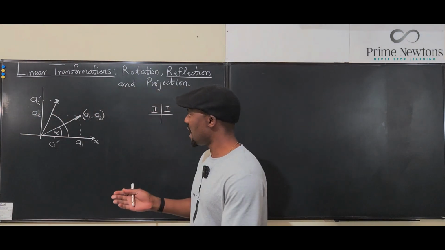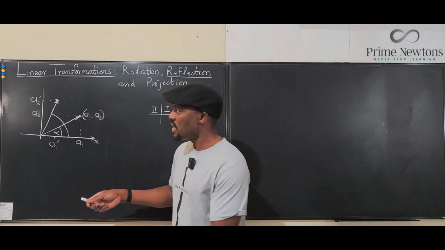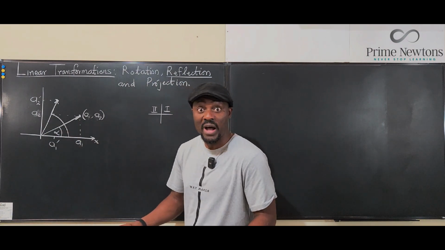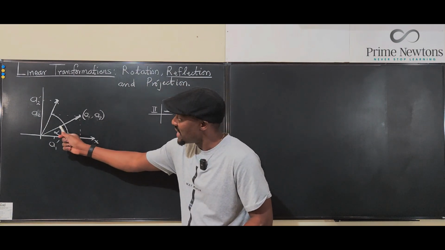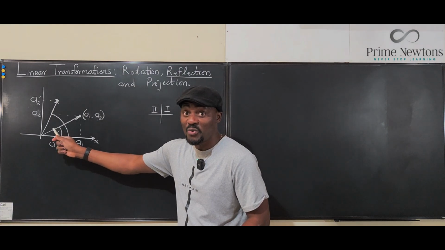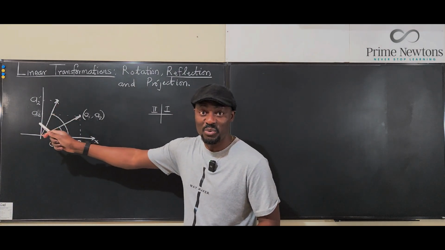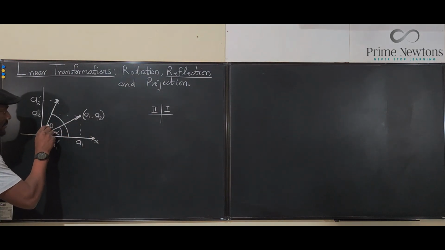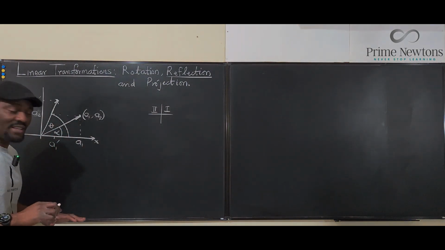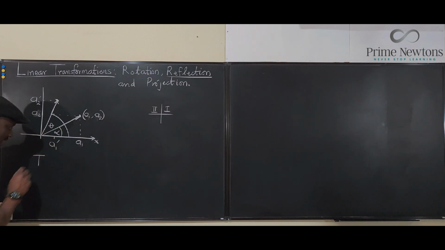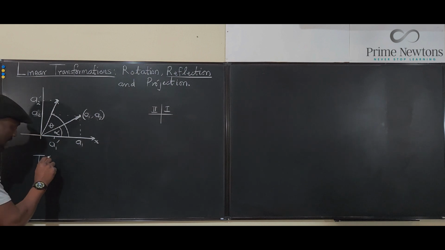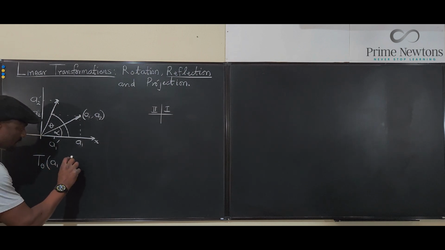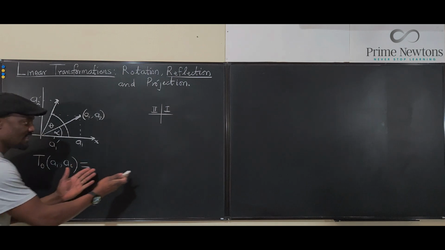Now, how can I find A1 prime, A2 prime, just because I have done a rotation? Well, it depends on by how many degrees or radians you have rotated the vector. So let's say I've added theta. So what I've done now is a transformation through an angle theta of the point A1, A2. What will be the new point?